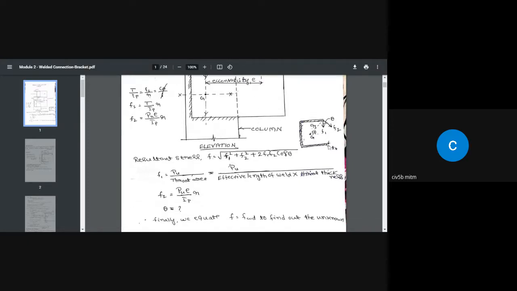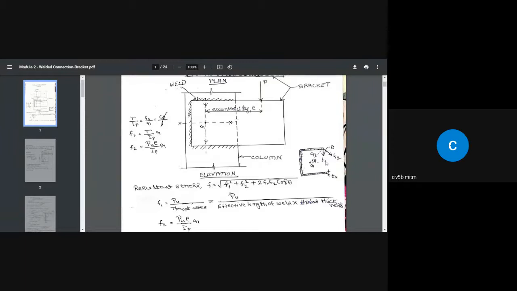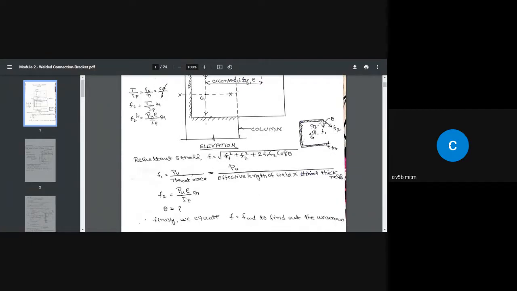Okay. So if you look here, F1, how did we get it? That is the load divided by the effective area of the throat. So that is constant for the entire area of the weld. As far as F2 is concerned, as I said, if you look at the formula, this F2 value varies depending on the distance R. This is constant, Pu e is constant, IP is constant, R varies.